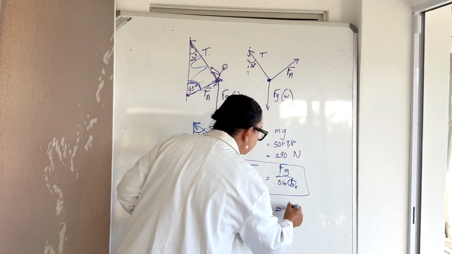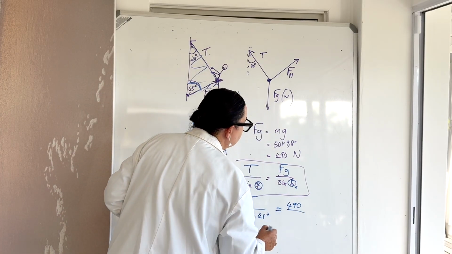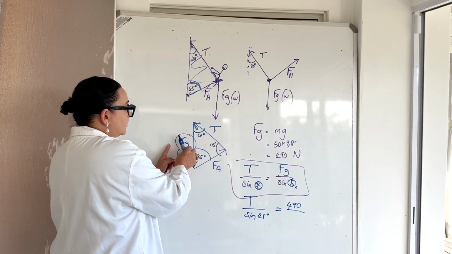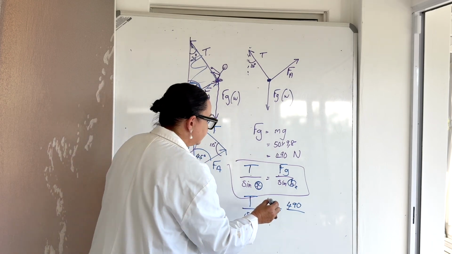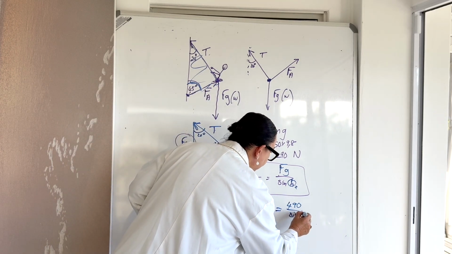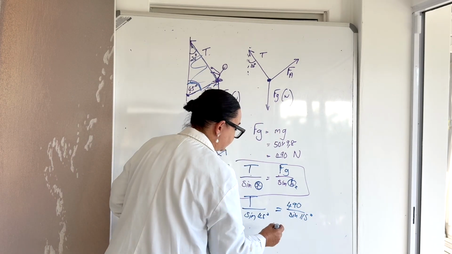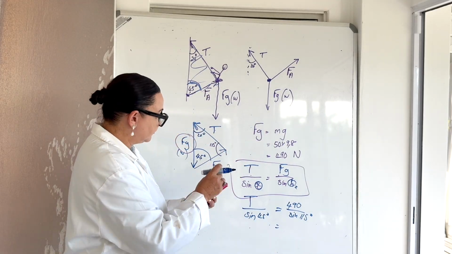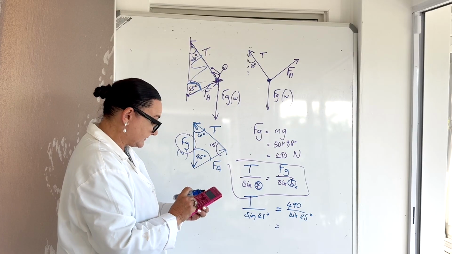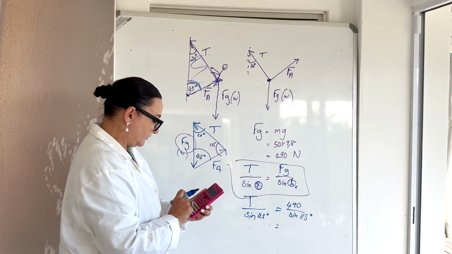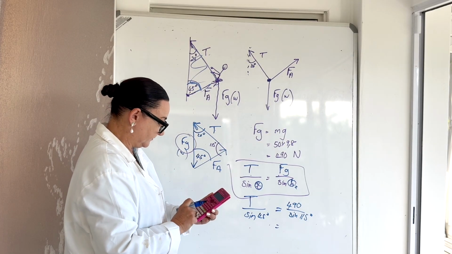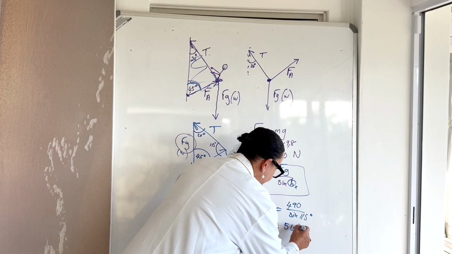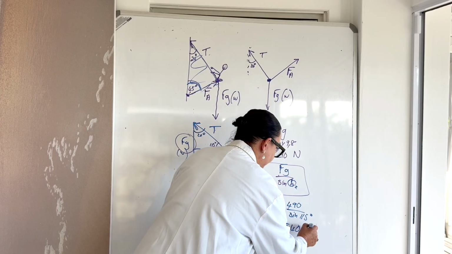So I'm just going to substitute 490 divided by, now what is the angle across from Fg? That is sine 115 degrees. So let's work that one out. So we've got 490 divided by sine 115, which gives me 540.65.